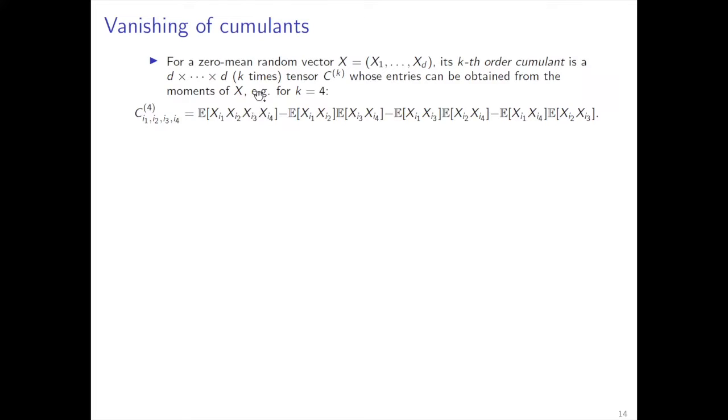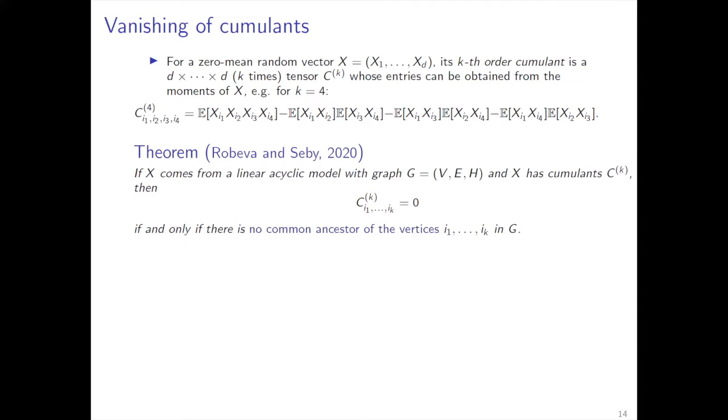For each number k, the kth cumulant of a random vector, which now has d entries (sorry, it moved from n to d), is a d by d by ... by d, k times, table or tensor, whose entries can be obtained from the moments of x. For example, for the 4th cumulant, the i1, i2, i3, i4 entry is just this formula using the moments.